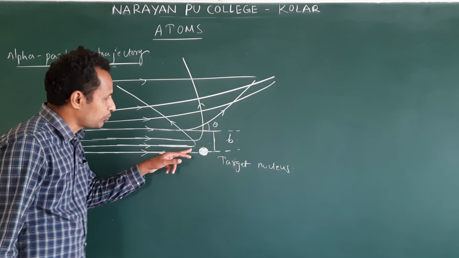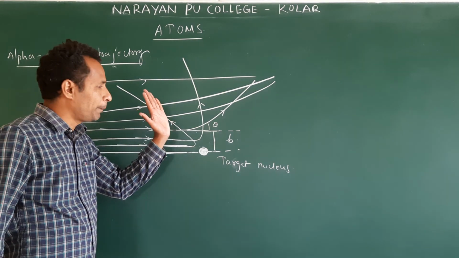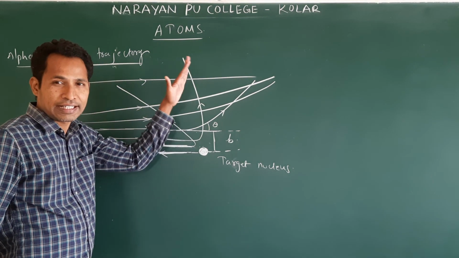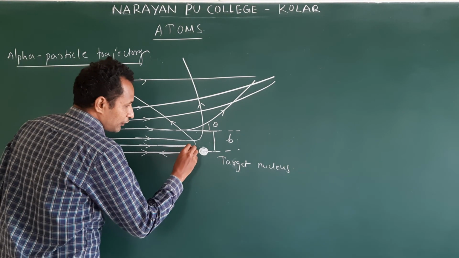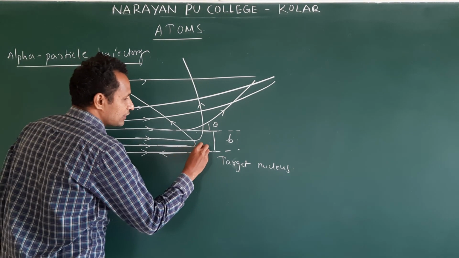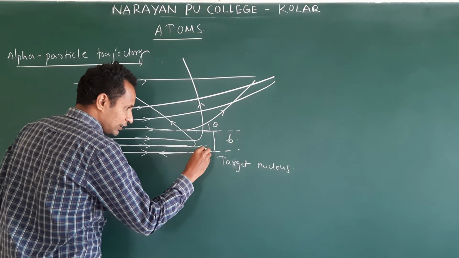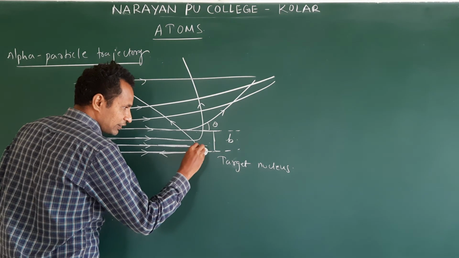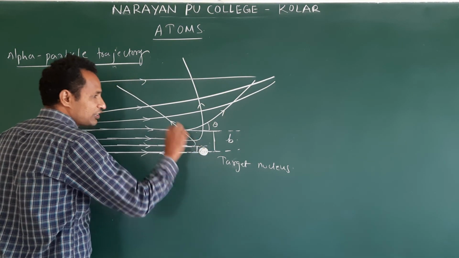If the impact parameter is small, scattering is more. If the impact parameter is large, scattering is small. Clear? See, for this second ray, if you extend the incident velocity direction and take the distance to the center of the nucleus, the impact parameter is small, so scattering is more.